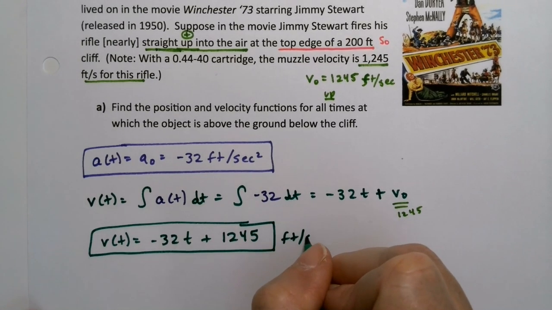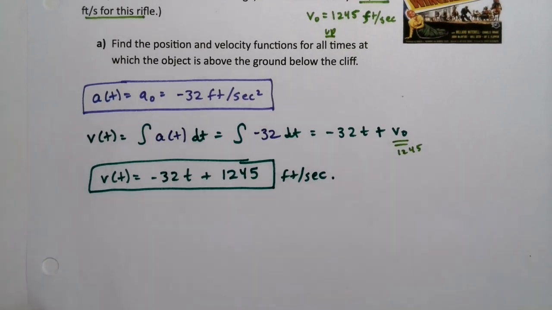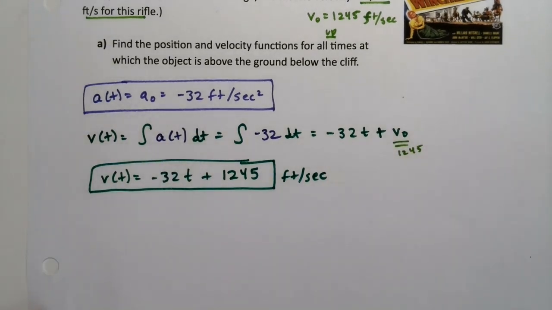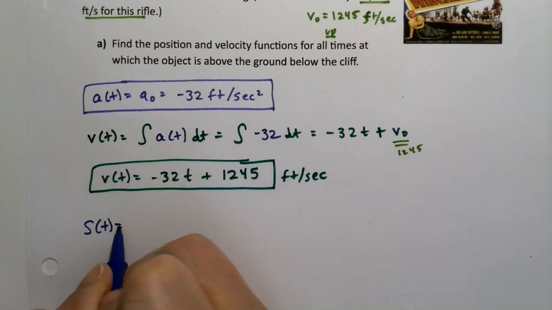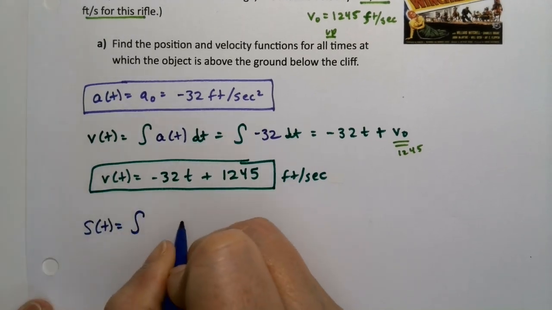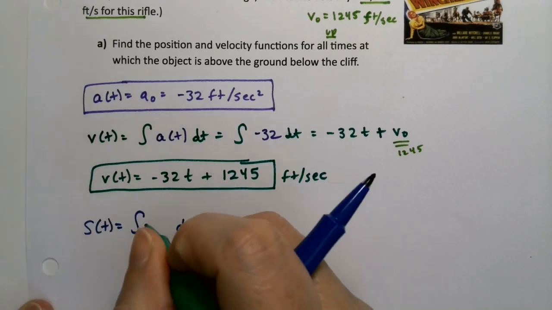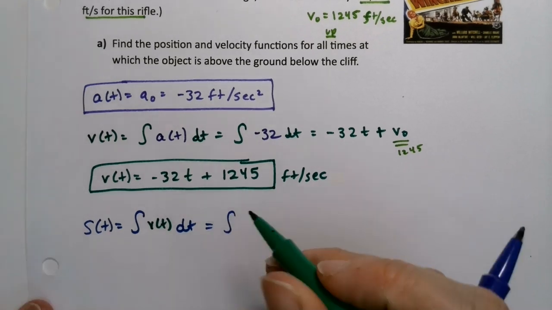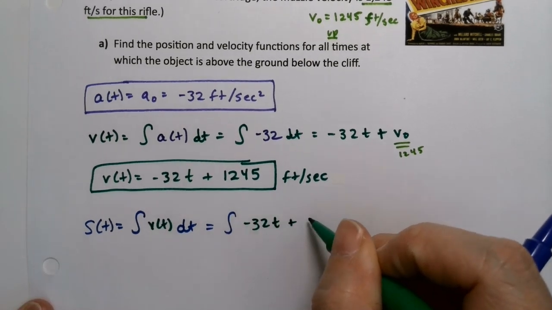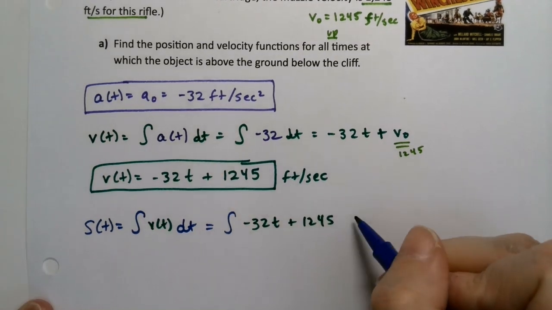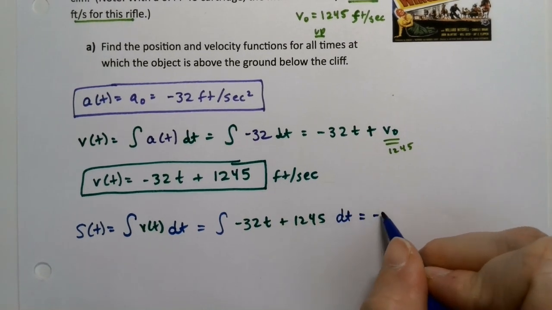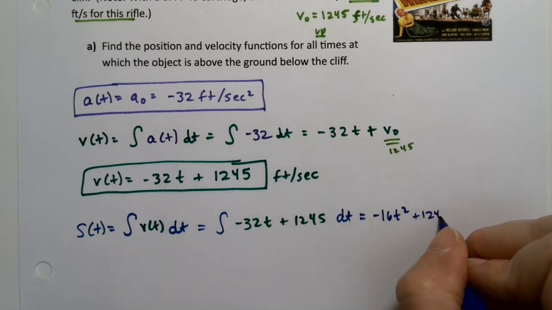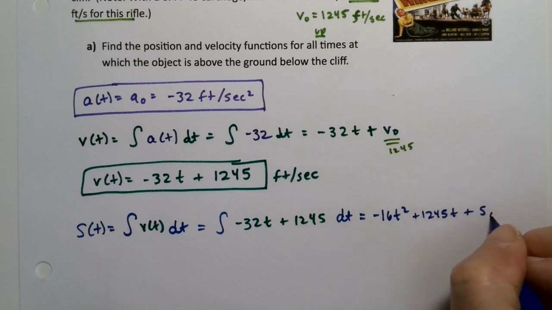Keep in mind that this one would be in feet per second. That would be the unit for that one. Now s of t, the position, would be equal to the integral of v of t dt. And so that's the integral of negative 32t plus 1245 dt, which would be negative 16t squared, because we add 1 to the power and divide by 2, plus 1245t plus s0.